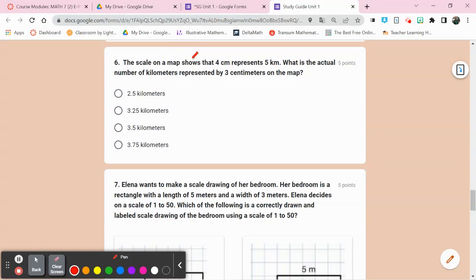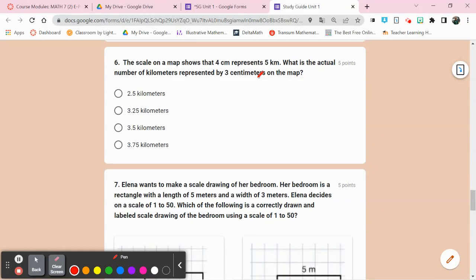The scale on a map shows that 4 centimeters represents 5 kilometers. What is the actual number of kilometers represented by 3 centimeters on the map? So we've got the measurement on the map and we're going forward to the actual number of kilometers, okay? So it means we're going forward.